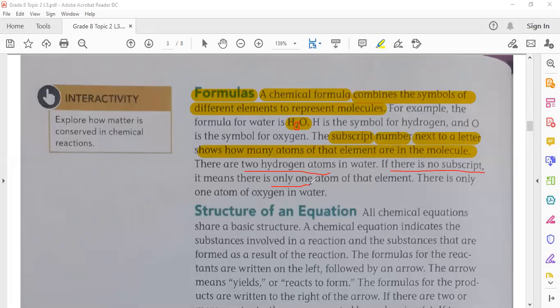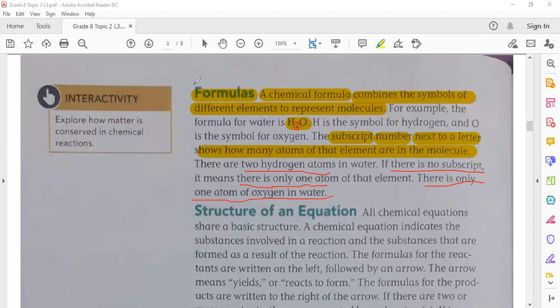Clear? So there is only 1 oxygen atom in water, because there is no subscript here. Fine.